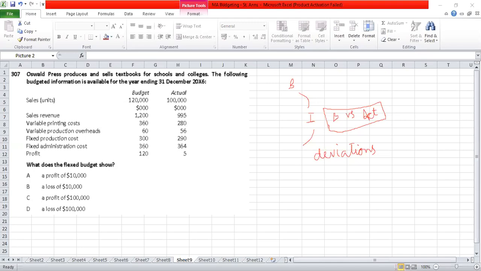The forecasted estimations are taken and the activity level is decided. Some number of units are anticipated to be sold, so they prepare a budget for selling those many units. The various costs are anticipated too. So the revenue is anticipated, and the costs to generate that revenue are also anticipated and then prepared.